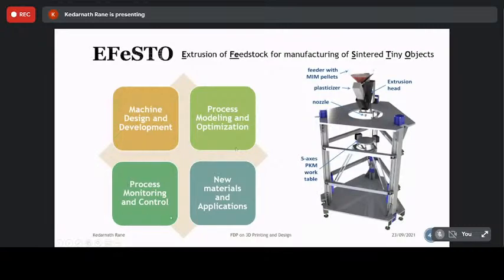Then we worked on Industry 4.0: process monitoring and control, how we can introduce the sensors and the closed loop system to control the process, and development of various applications, shapes and materials through this technology. So these are the 4 major categories I covered.